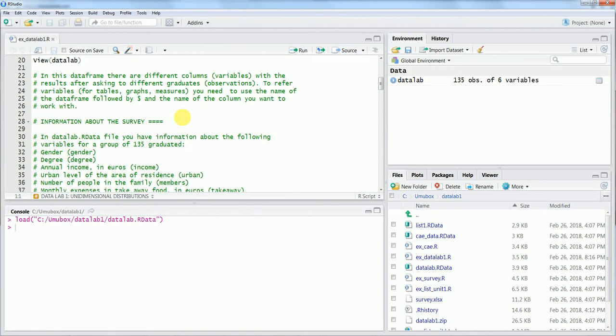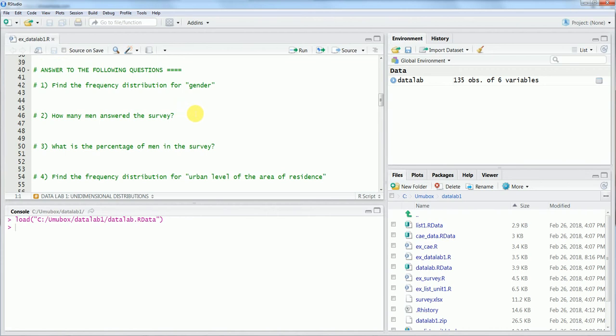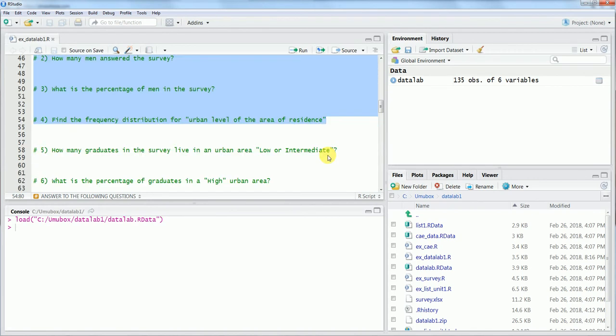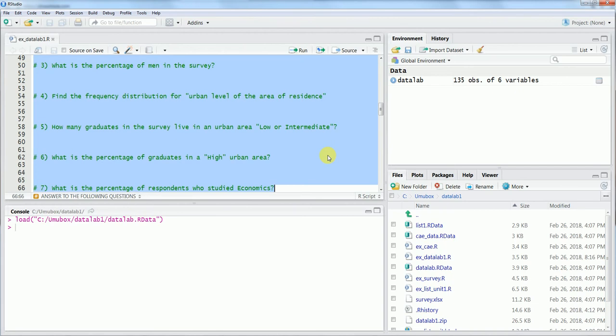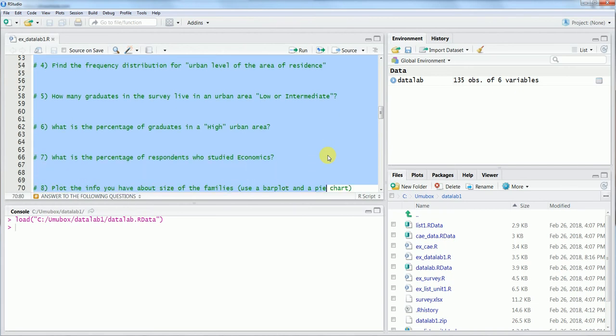Okay, so if you take a look to the different questions, I wanted you to remember that, for example, for finding the frequency distribution or for finding the number of people that we have in the survey that are having some of the characteristics as being a man or living in a place with a concrete urban level, or, for example, taking a look to the degree that they have studied.